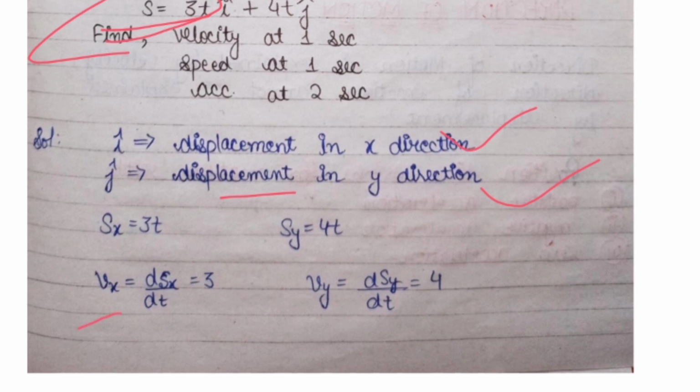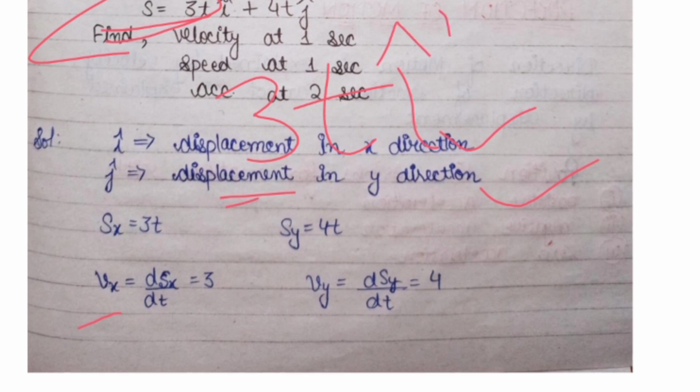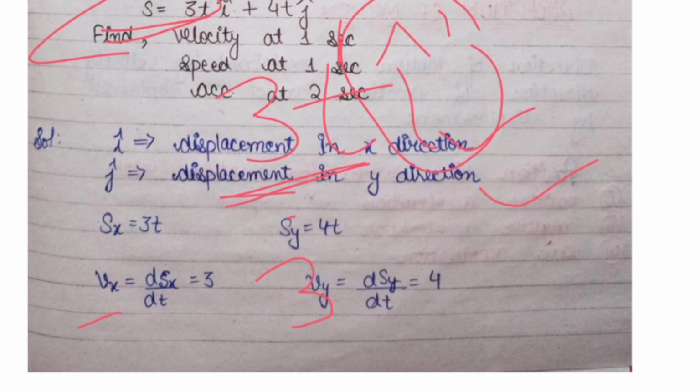When we differentiate with respect to the x-axis, Vx is from 3t i cap. The i cap is a constant always. 3t: 3 power 1, the power 1 will come forward, and this will be left only as 3. t to the power 0, something to the power 0 is always 1. So this will be only 3.